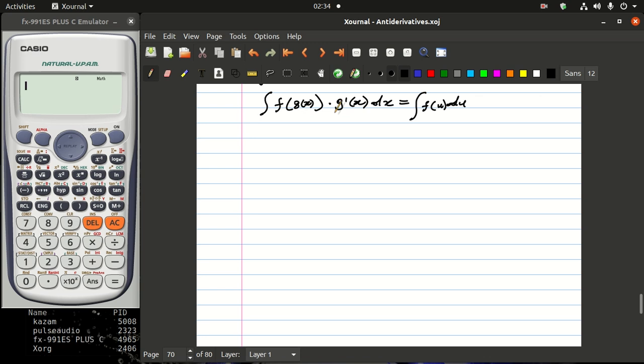So that is the second rule. You cannot just say I'm just going to use the substitution rule. You can only use it if you have a multiplication of two functions, and also one of these functions is the derivative of the inside function, like the way we did when we were dealing with the chain rule.